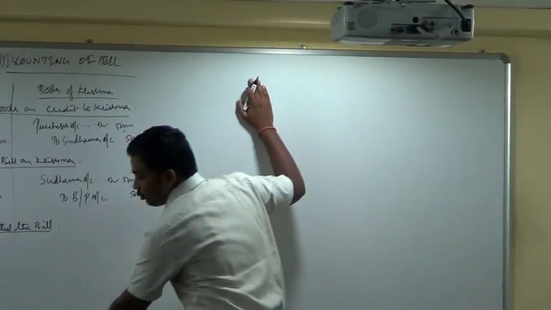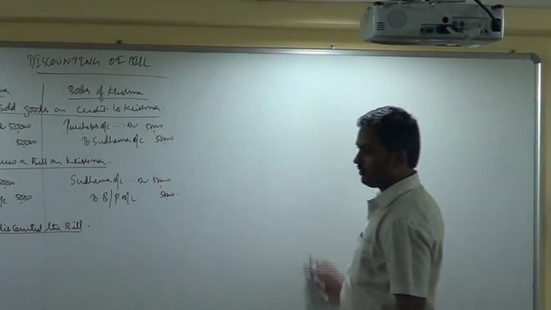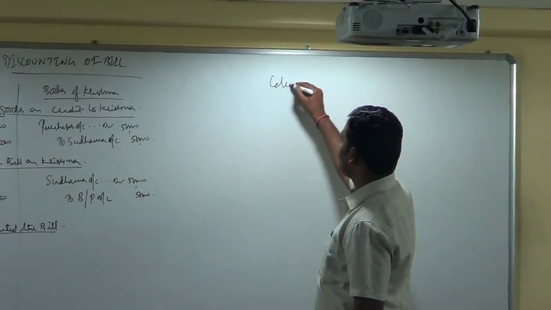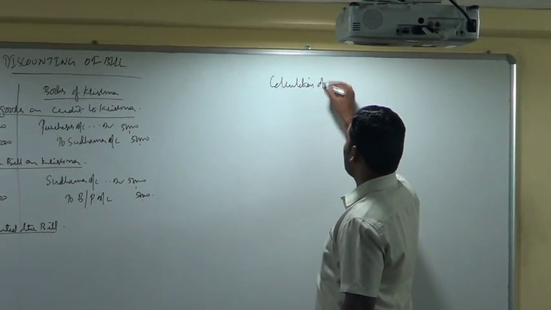Just leave space for 2 more entries. And then write down calculation of discount.